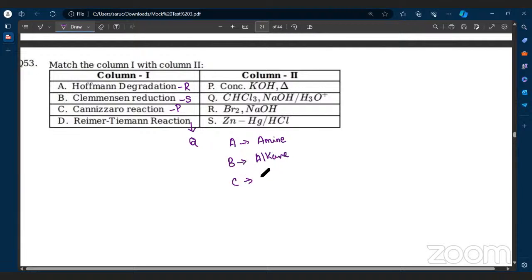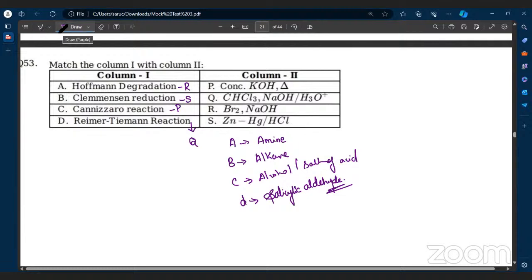Both oxidation as well as reduction take place, giving alcohol and the salt of the acid. Reimer-Tiemann gives salicylic acid and salicylaldehyde, an aldehyde. Okay, so these are the products we'll be getting.